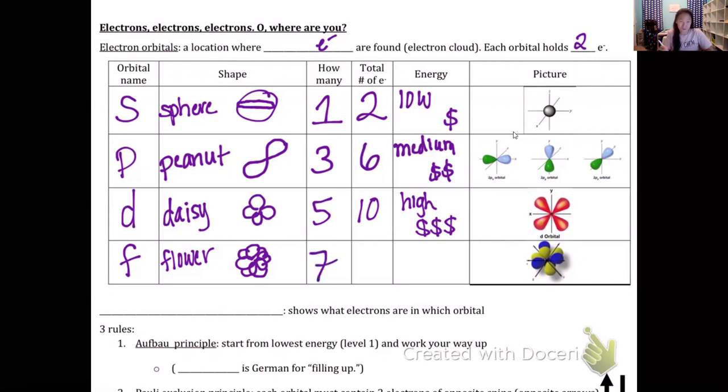It's a 7-bedroom house. It's like a mansion, right? So if 2 electrons can fit in each bedroom, right? So 7 times 2 is 14. So you can fit 14 electrons in there. That's a really big house. It is a very high energy area. So you got to think it is like super expensive, lots of energy. So that's the kind of way you want to think about it, okay?